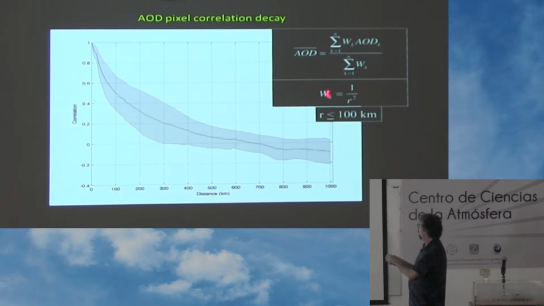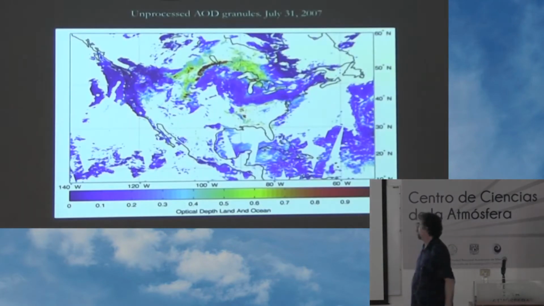So the weight is 1 over distance squared. The larger the distance, the smaller the weight, so the choice of 100 kilometers really doesn't matter. Using this method, we can reduce the problem of missing data.